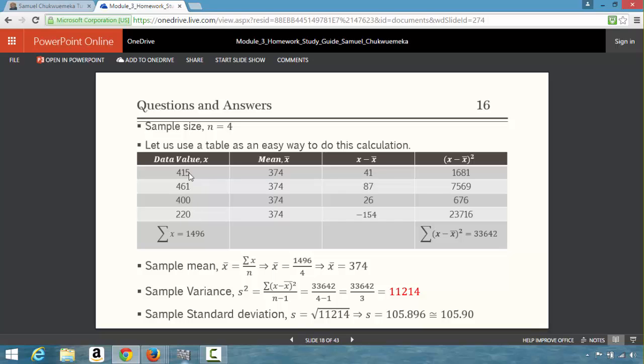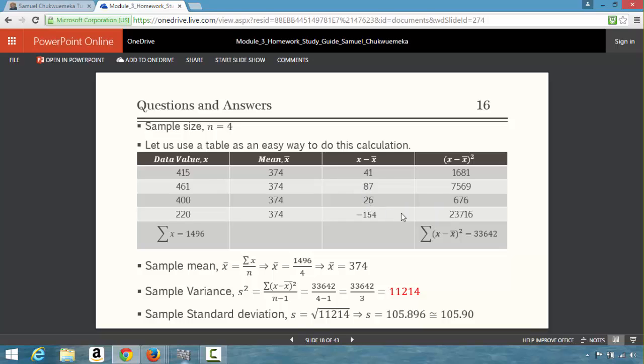You list the data values, you list the mean, and then you subtract first. Remember, this is the formula: x minus x bar, all squared. So you just have to do it step by step. You write the x first, you write the x bar, then you write x minus x bar, then you square it.